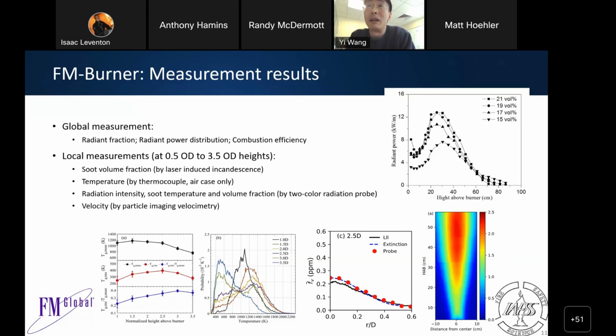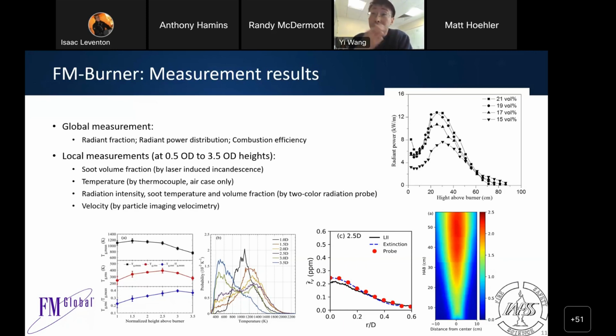Above that location, the combustion efficiency is close to 1. However, we see significant change in luminosity, basically the radiation change and the soot generation change. We thought, before we get a lot of quantitative data for extinction, let's look at the radiation and flame soot generation for different oxygen concentrations.